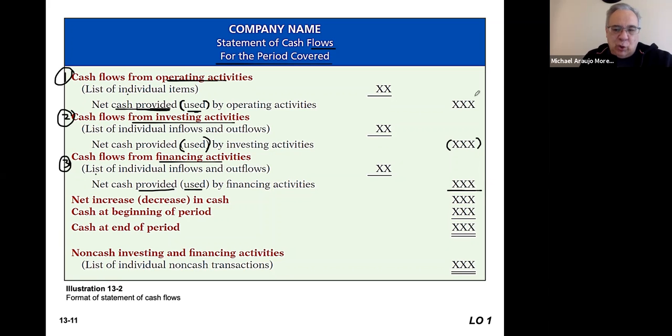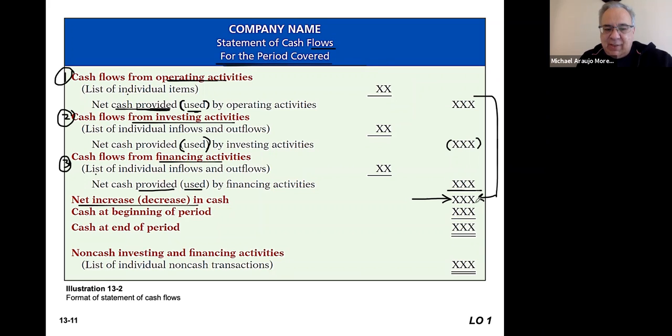In essence, the total of these three numbers, meaning the cash, usually cash provided by operating activities, cash used by investing, and whatever's happening with financing activity, gives you what we call the net increase or decrease in cash. This number is going to tell you how much cash either increased or decreased during that year, whatever the period is.